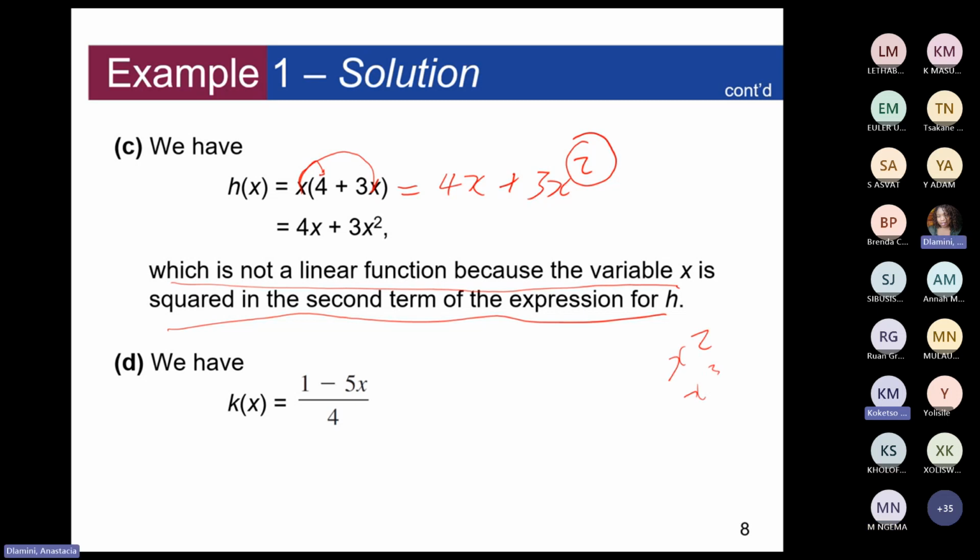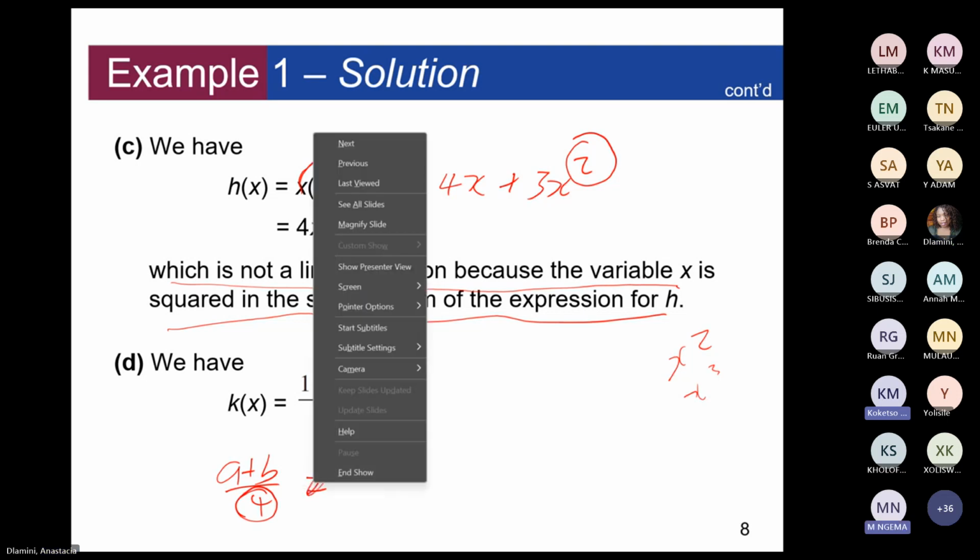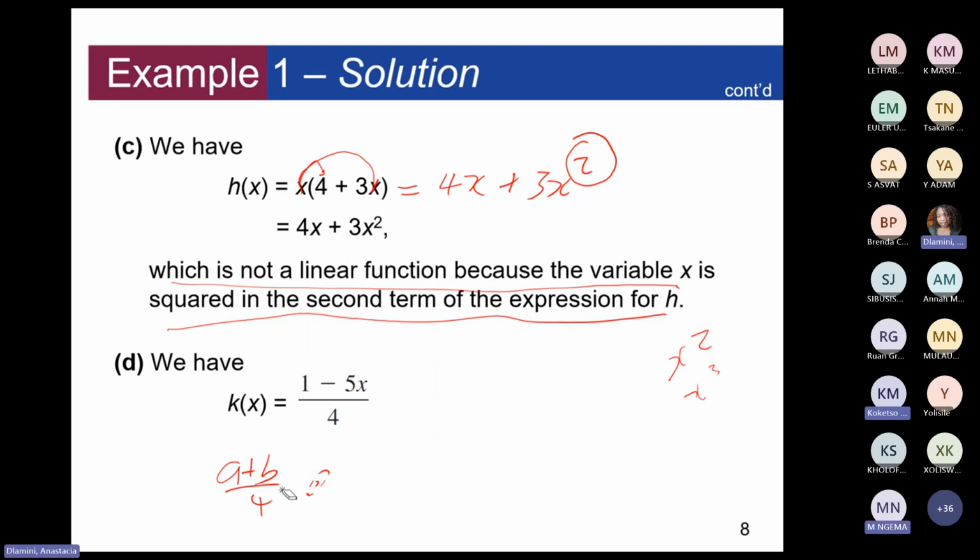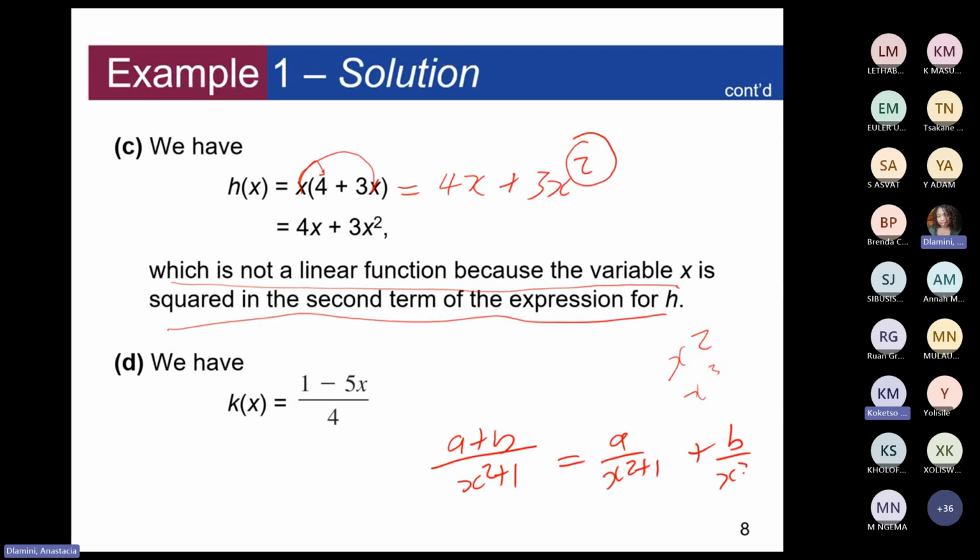So how do you simplify that? We know that in maths, if you have a plus b over 4, because it's only one term in the denominator, let's write it like this. If we have a plus b over, let's say, x squared plus 1, then this can be written as a over x squared plus 1 plus b over x squared plus 1.